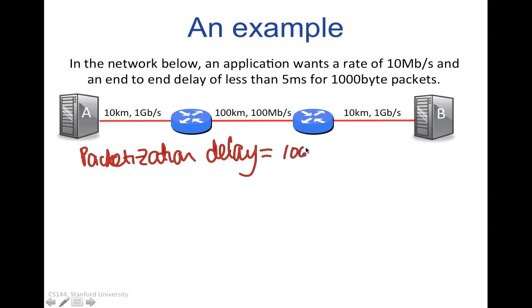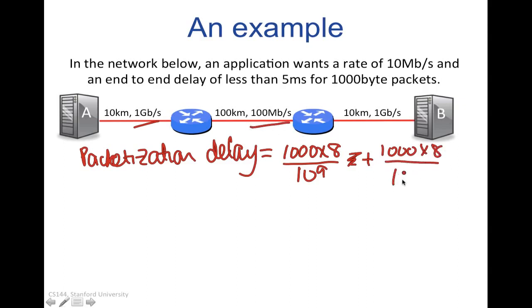So they are 1,000 times 8 bits divided by the rate that they're going to go over the first link, which is 1 gigabit per second, so that's 10 to the power of 9. Plus I need the same thing for the 1,000 byte packets going over the 100 megabit per second link, which is 10 to the 8. And then I'm going to have the same thing over here, so I'm just going to multiply this by 2 because the last link is the same.